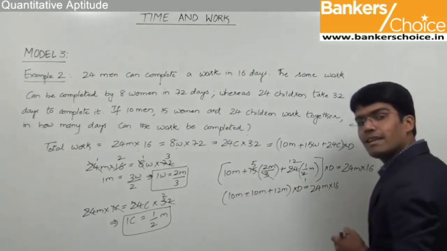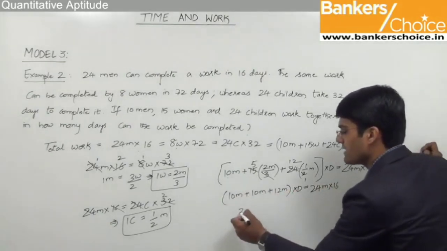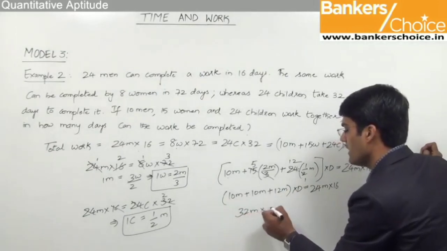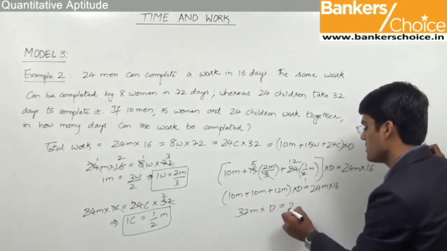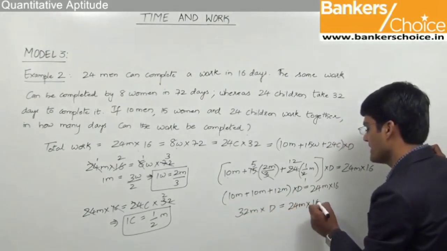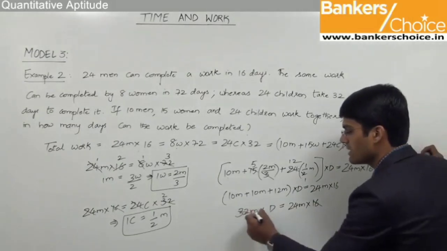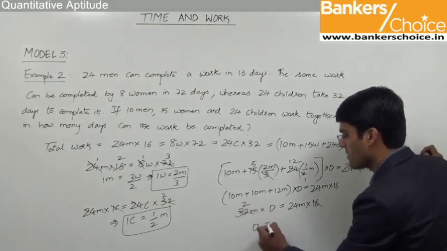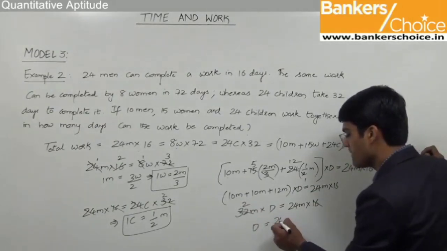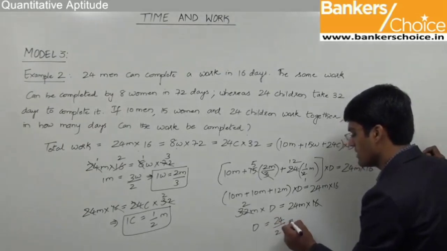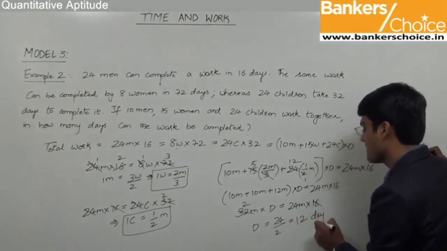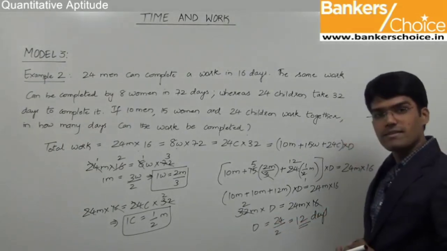So 10 plus 10 is 20, 20 plus 12 is 32. So 32 men into the number of days D should be equal to 24 men into 16. So 16 goes 32 times, and we can say that the number of days required will be 24 by 2, which is equal to 12. So the answer for this question will be 12 days.